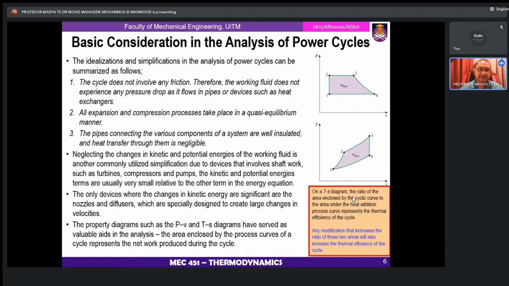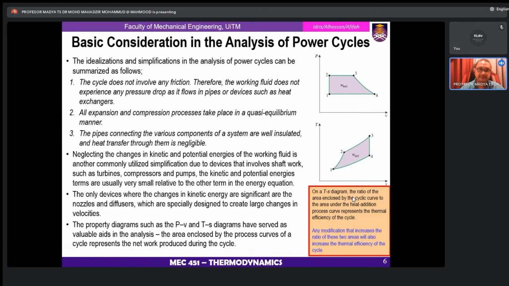Three factors can be considered in the analysis of power cycles. Number one, the cycle does not involve any friction. That you have to remember. Therefore, the working fluid does not experience any pressure drop as it flows in the pipes or devices such as heat exchangers.